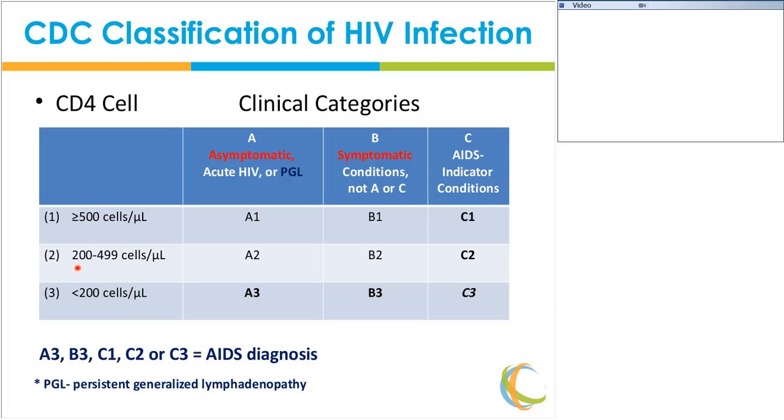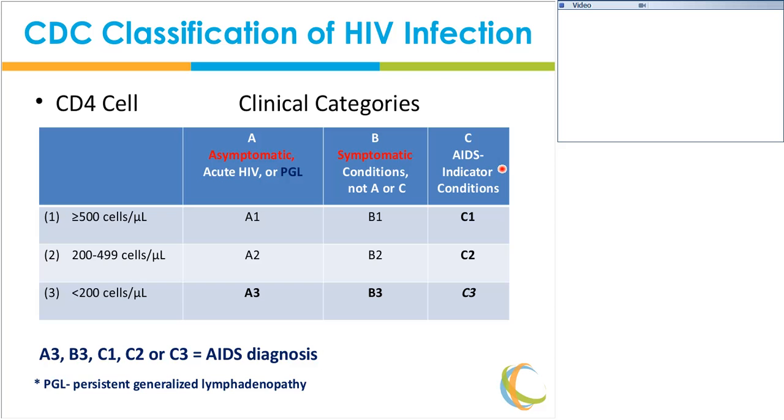Category 2 with CD4 cell counts 200 to 499, and Category 3 with CD4 cell counts of less than 200 cells per microliter. Moving across the rows are the clinical categories A, B, and C.